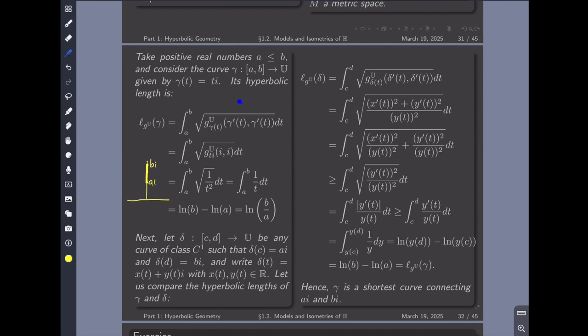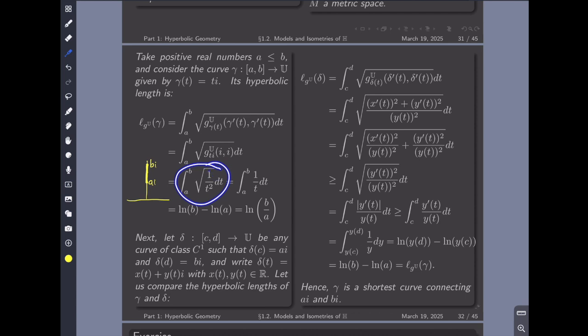And so I just apply the definition to a certain parametrized curve connecting them, which is just gamma of t equal to ti, from the interval [a,b] to U. So I do the computation.